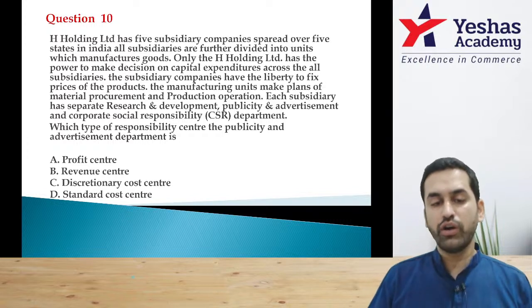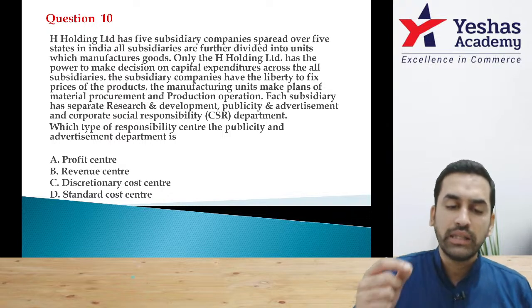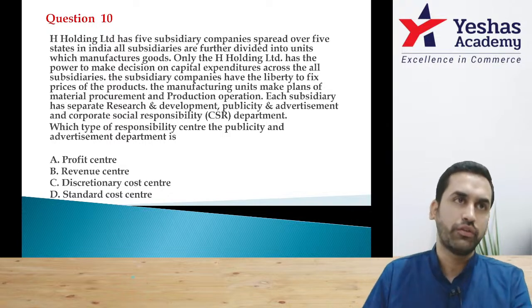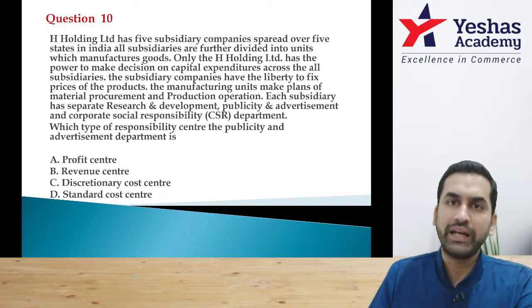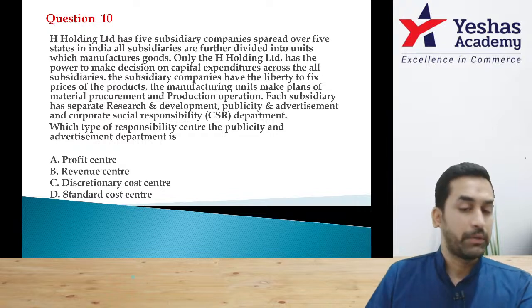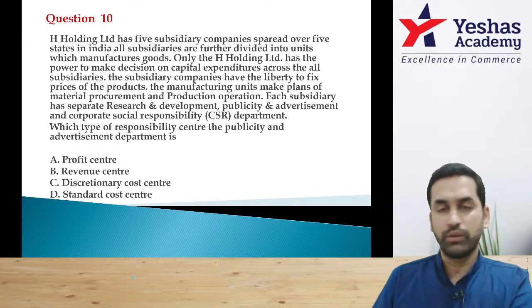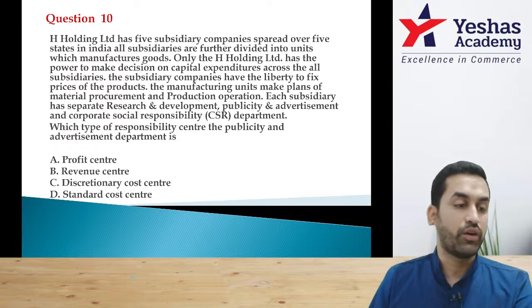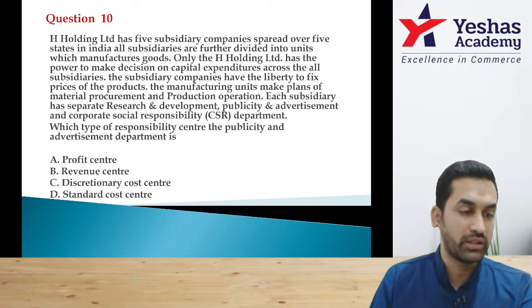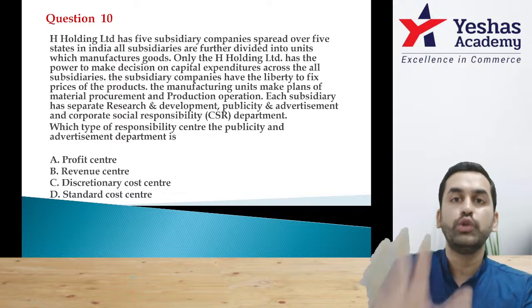First of all, read which responsibility center the publicity and advertisement is. Publicity and advertisement is a cost center because you spend money there. That means it is definitely not A, definitely not B. Now coming to C and D. What do you mean by discretionary cost center? If you want to spend, you spend.